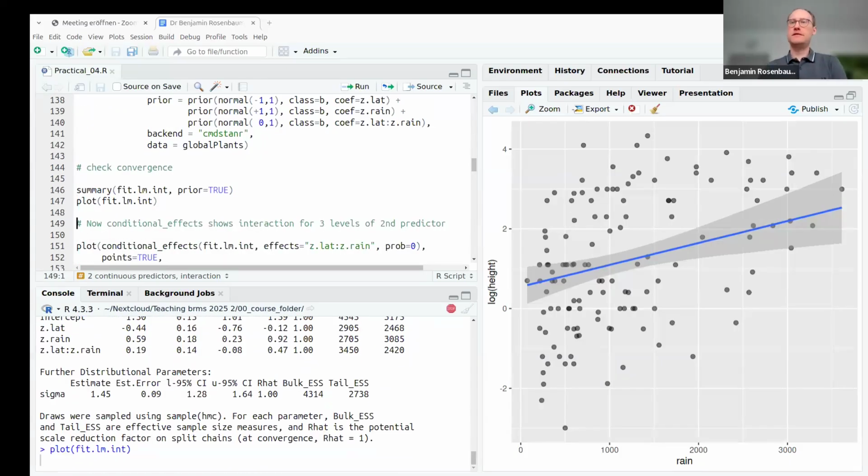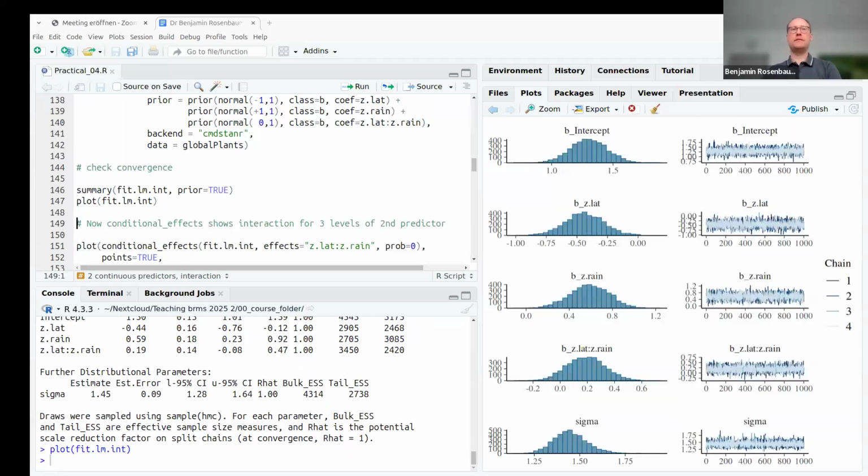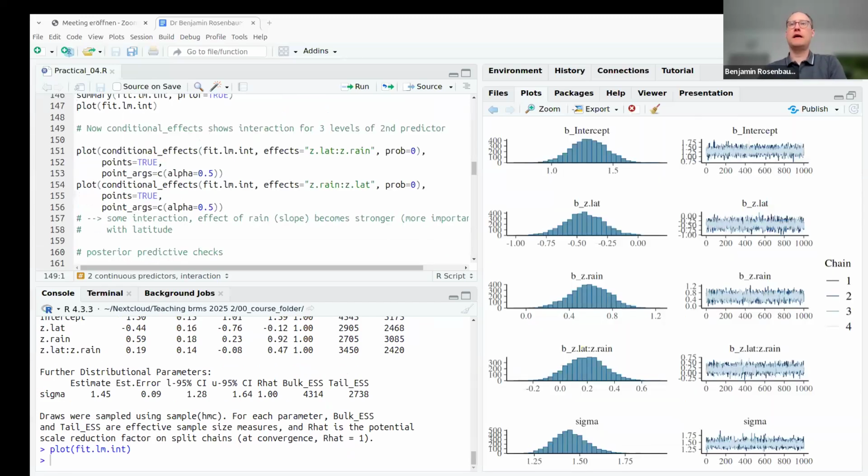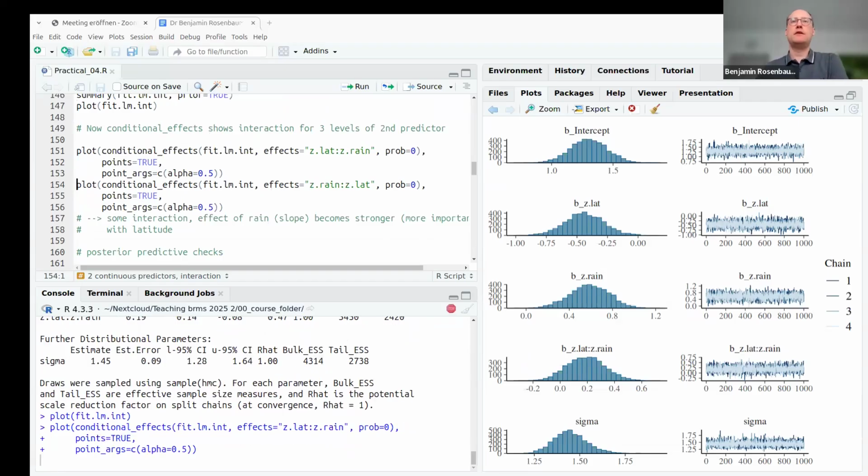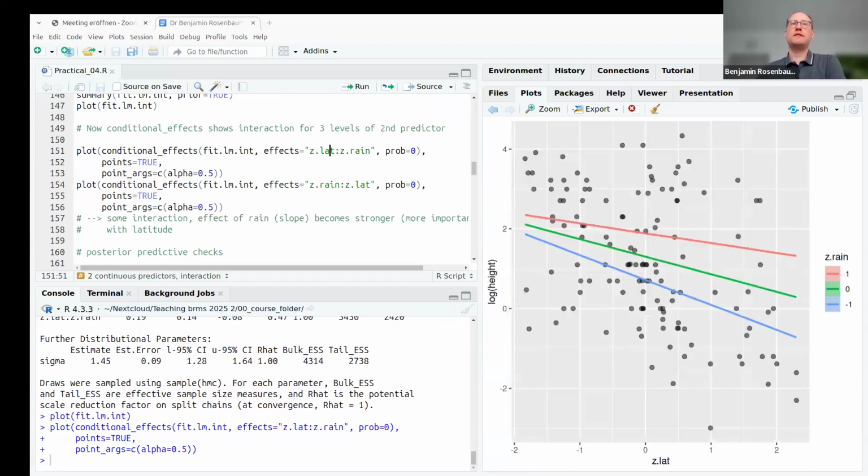And again, checking the model convergence, this looks fine to me. And if you want to plot the model predictions against the data, for instance, with the conditional effects plot, it's now useful to actually plot this interaction.